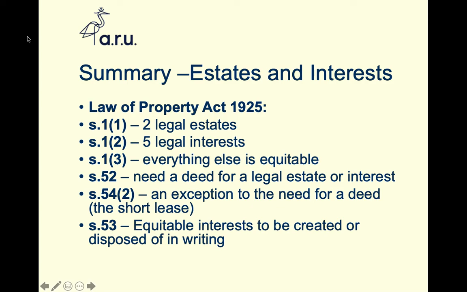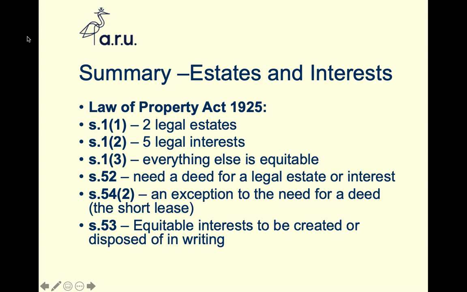So in summary, there are 2 legal estates and 5 legal interests, everything else being equitable. If it is capable of being legal, so Section 1.1 and Section 1.2, then it will need a deed in order to make it so. The only exception to the need for a deed under Section 54(2) being that legal estate of the term of years absolute that is under 3 years.